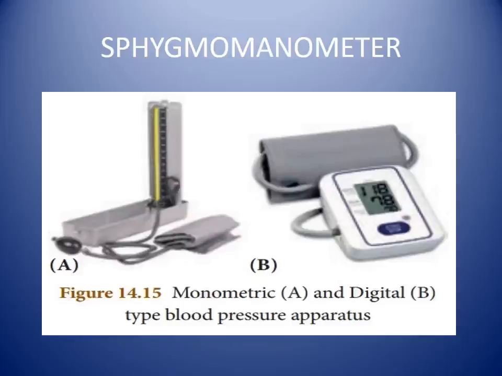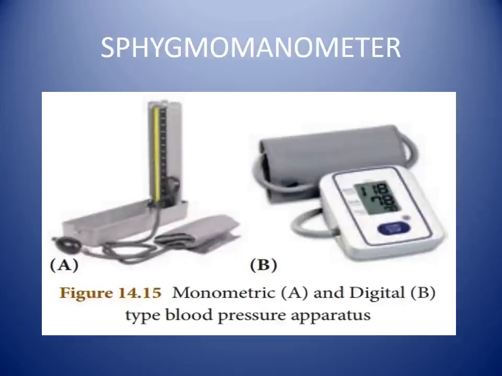What is the use of this one? It helps to estimate the state of blood circulation and the working of the heart. Another one, it helps to diagnose conditions such as increased or decreased blood pressure, the high blood pressure and low blood pressure.